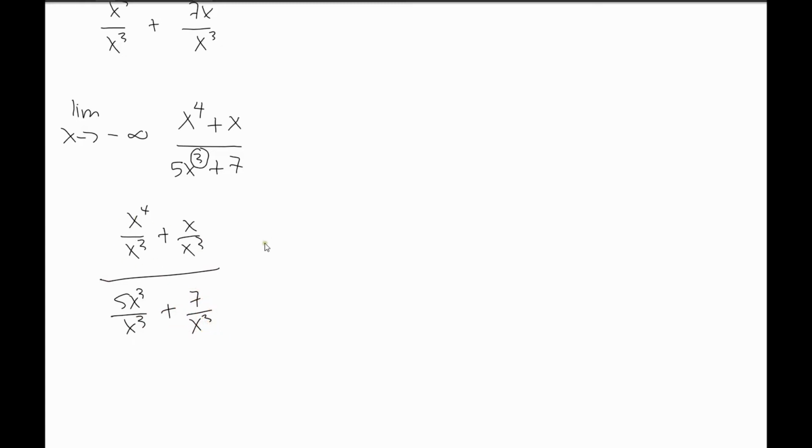Evaluating this, we will have x over 1 plus 1 over x squared, all over 5 over 1 plus 7 over x cubed. As in the example before, we can assume that these terms will approach 0, so we can disregard them. Next, 5 over 1 is just 5, so we have 5 in our denominator. Here it's x over 1.